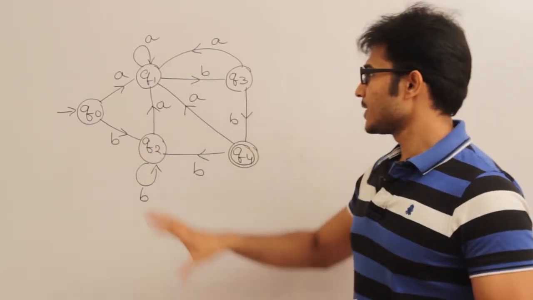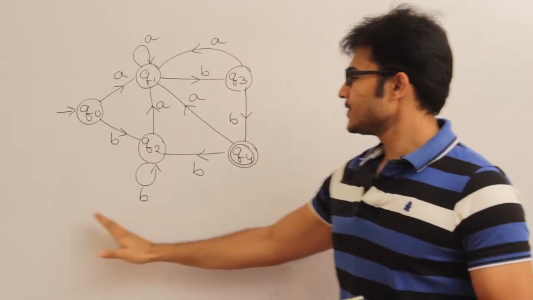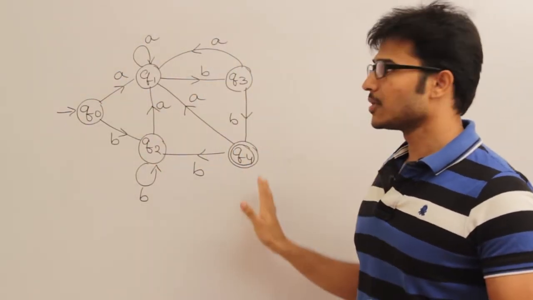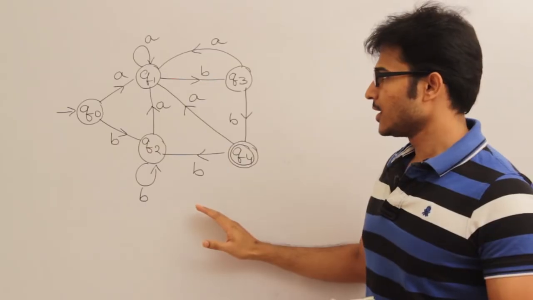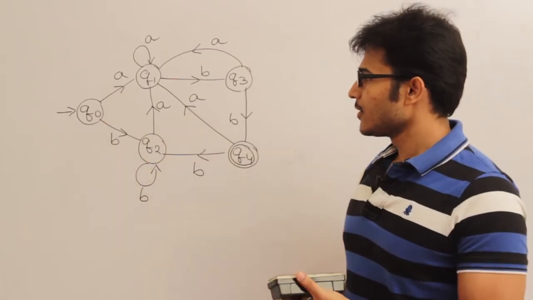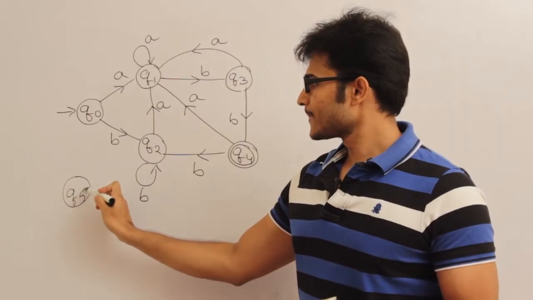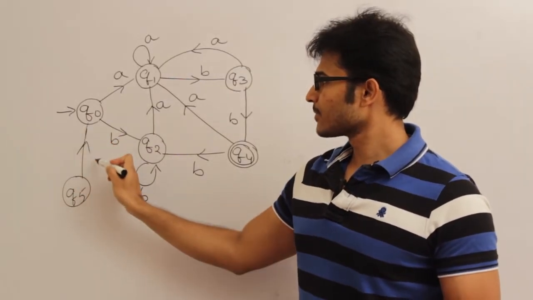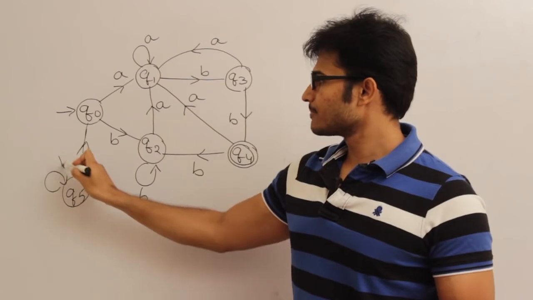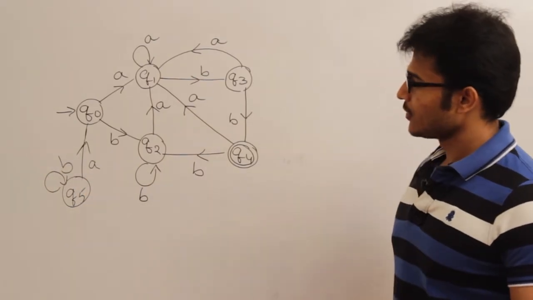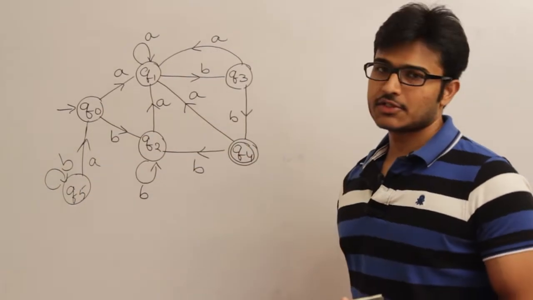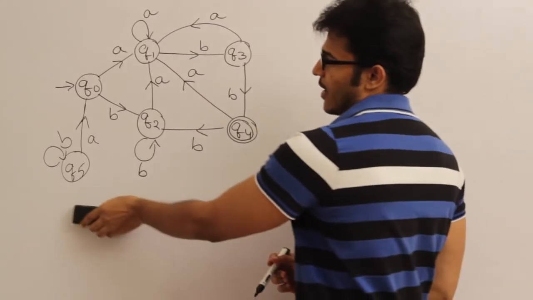Now in this DFA, if there are any states which are unreachable or inaccessible, for example a state like Q5 with transitions on A and B, to which we cannot reach from the initial state, then we have to delete it.